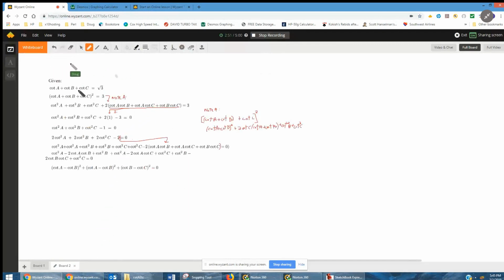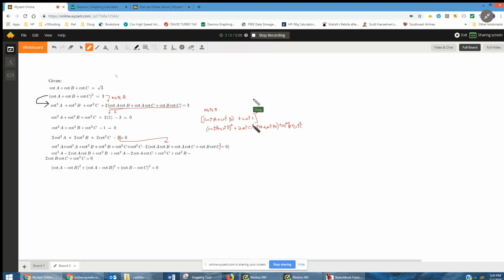This is the given information. What we're going to do is square both sides. And when we square both sides, getting from here to here, I've just made a note over here how you could do this. You could group the first two terms and treat this as the square of a binomial. So we'd square the first term plus twice the product of these two terms.